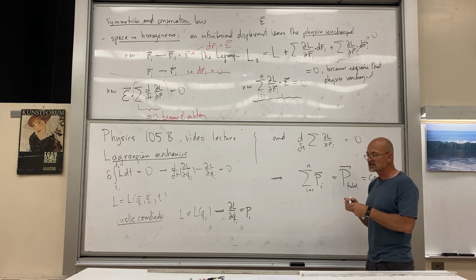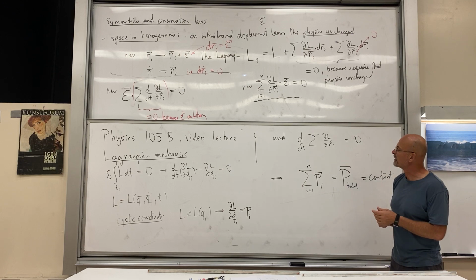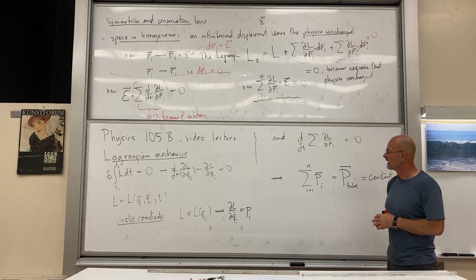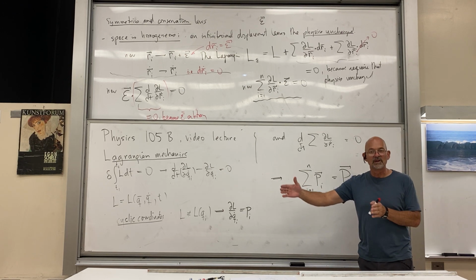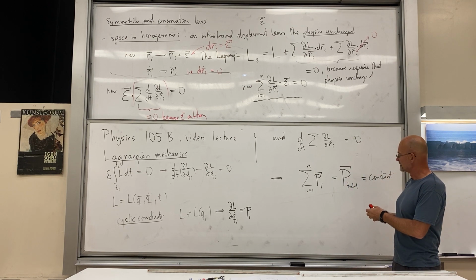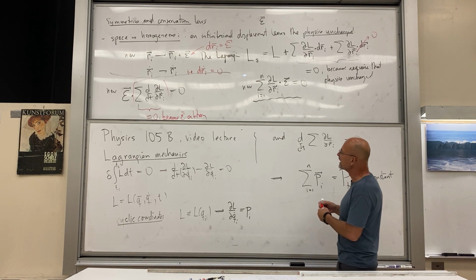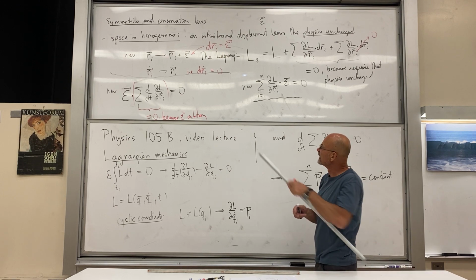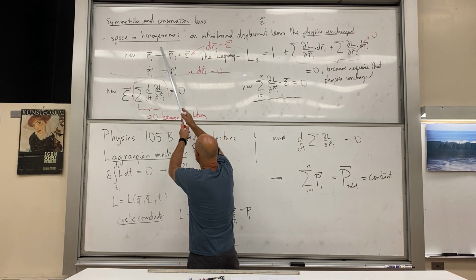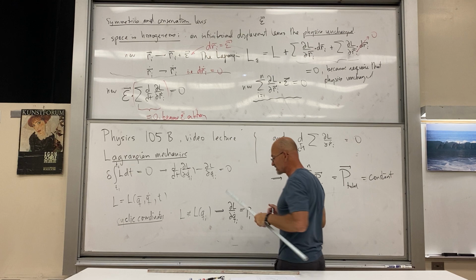So you see the conservation of linear momentum also comes from a symmetry with respect to infinitesimal translations. Or you could say homogeneity of space implies conservation of linear momentum.